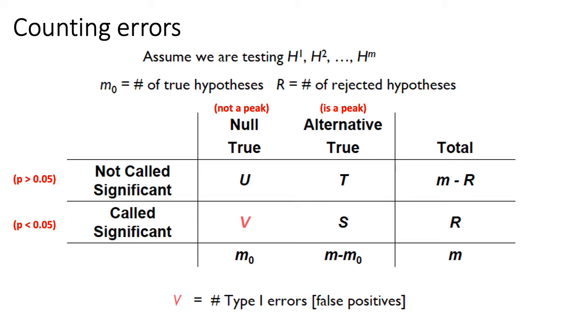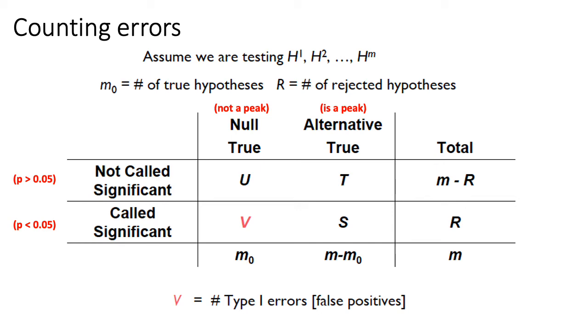Similarly, T is your false negatives, where you concluded that no, I was not taller than your average undergrad student, but actually I was. And something important to note in this table is that when you add up U plus T and V plus S together, all of those sum up to the total number of tests that you did.